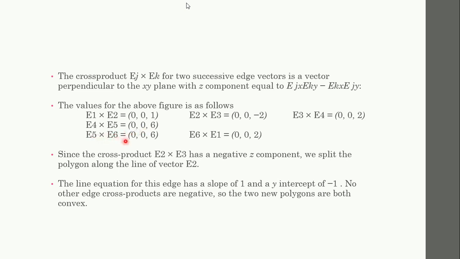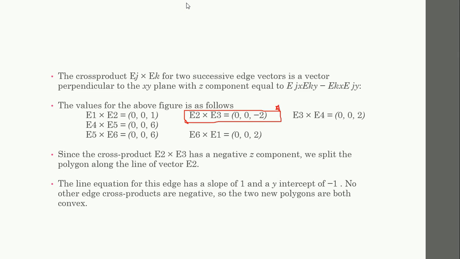E5 cross E6 is 0, 0, 6, and E6 cross E1 you get 0, 0, 2. So whenever you compare this, if you get a negative sign somewhere, keep in mind. See here, E2 cross E3 you got a negative Z component. Okay, so let us mark that.